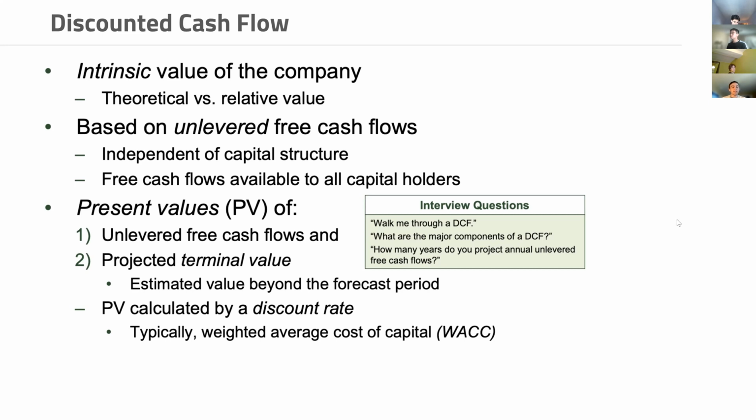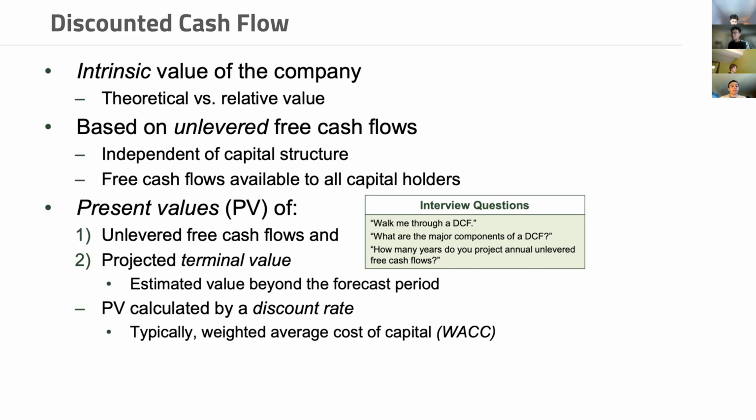You're really focused on the company itself as opposed to what it's worth compared to other companies. And typically when we do a DCF, we're focused on unlevered free cash flow, which just means we're not going to be focusing on the capital structure or how much equity versus debt they have necessarily. We want to focus on the free cash flow that's available to everyone, because that's what matters to enterprise value.